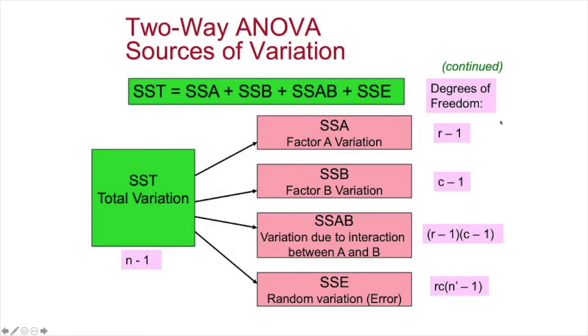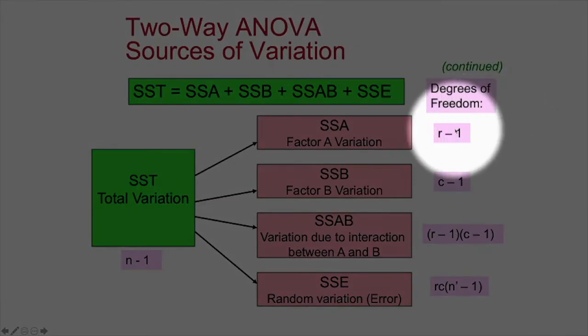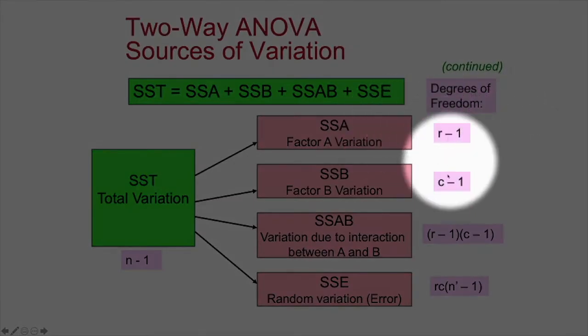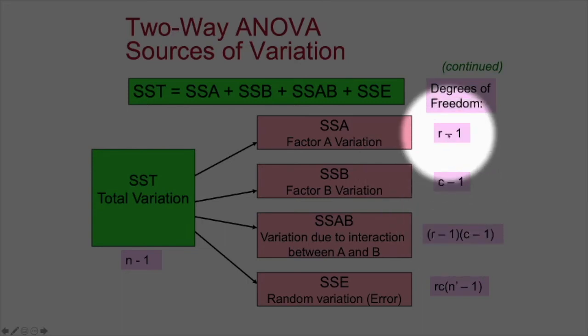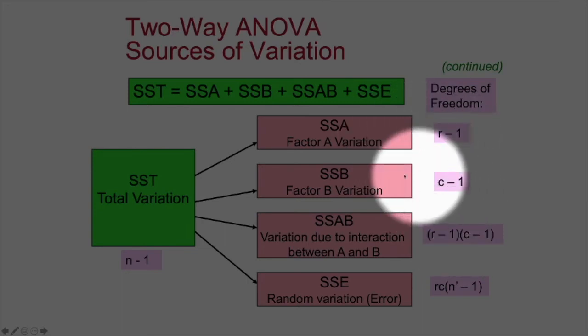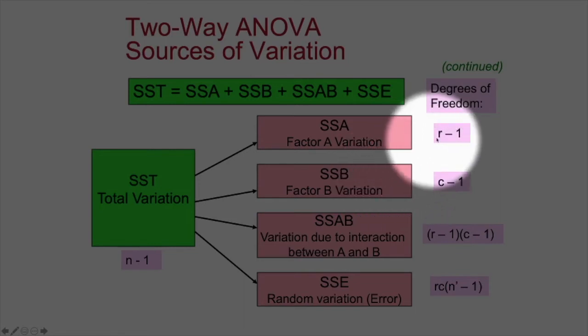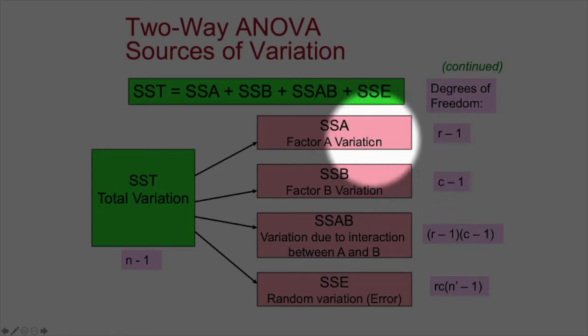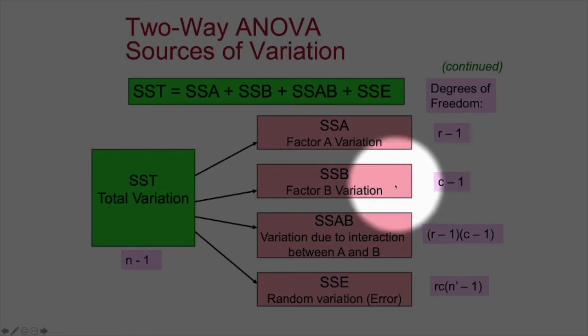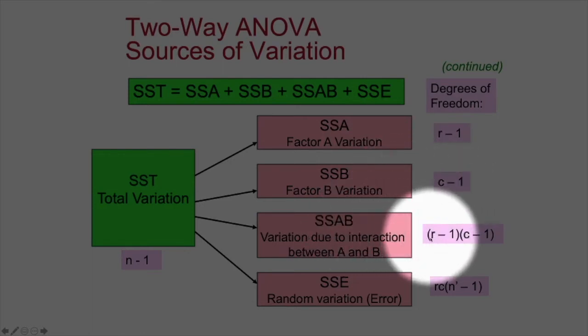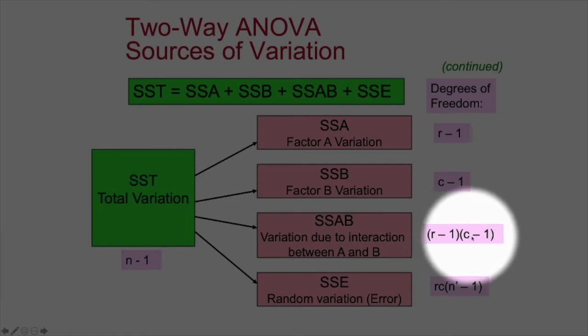And here in the purple squares you see the degrees of freedom associated with each of these sources of variation. So R-1 for SSA, C-1 for SSB, because R is the number of groups defined by factor A, C is the number of groups defined by factor B. For the interaction, it's R-1 times C-1.